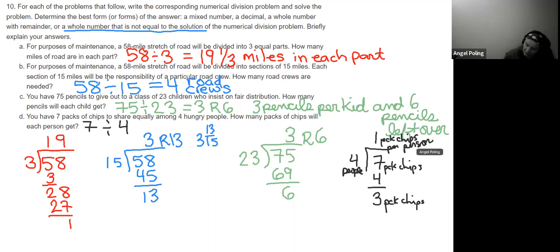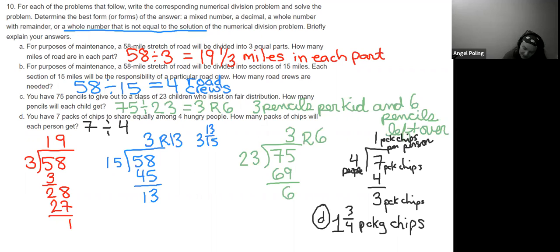And 3 packs left over, that makes 7. Okay. Sometimes it's a little tricky. Okay, so this time around, we are going to give each individual 1 3/4 packages of chips.